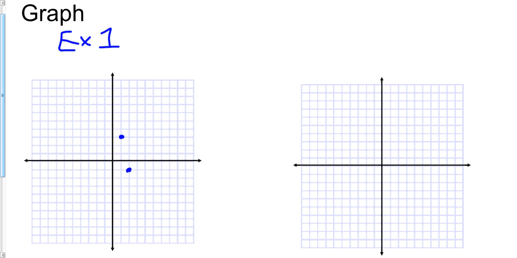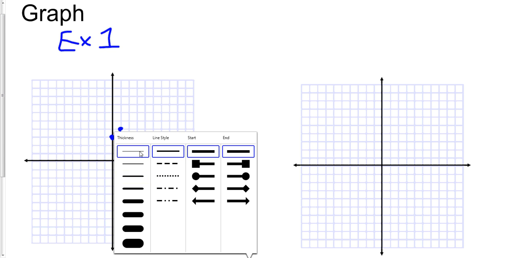We had 1, 4. Oh, sorry, that's not correct. 1, 4 should be right there. We had 0, 3. And we had 5, 2. So there are the 5 points that make up our relation for example number 1.